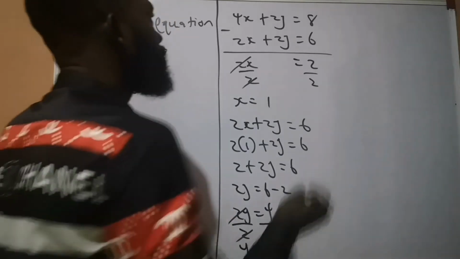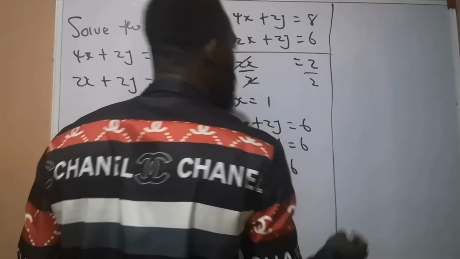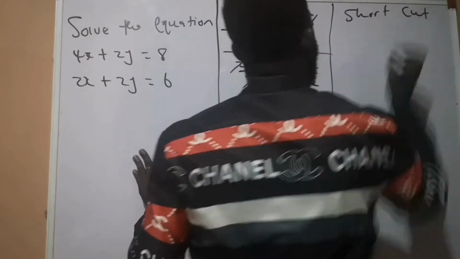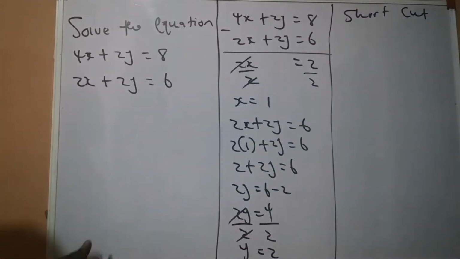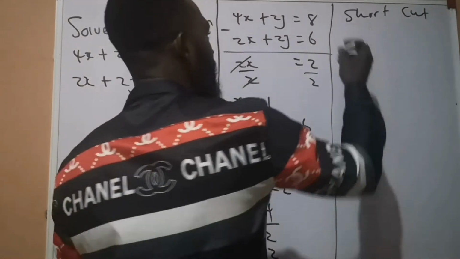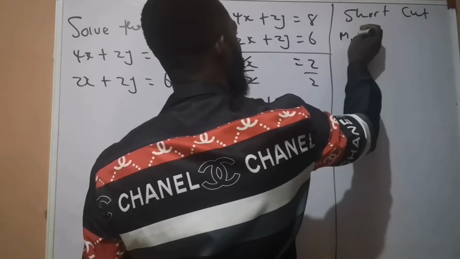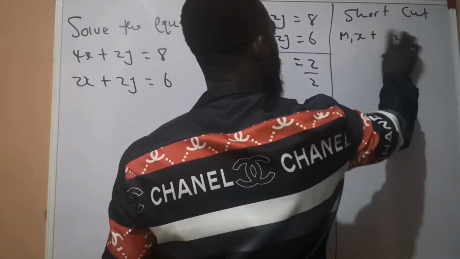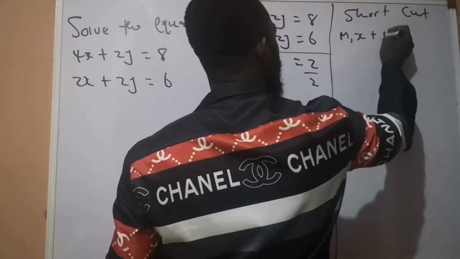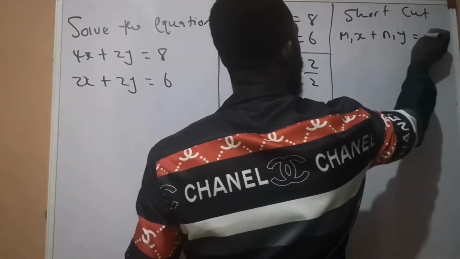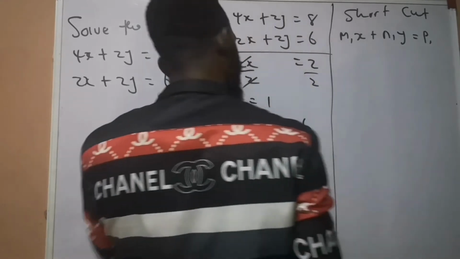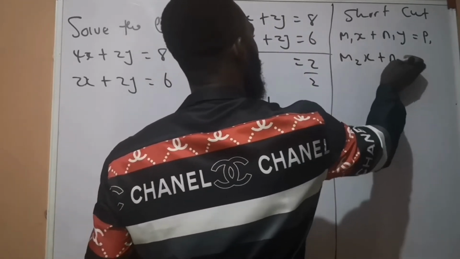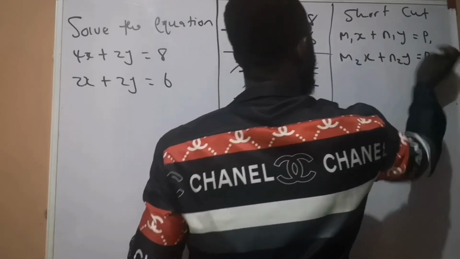Now let us apply the shortcut method. How do we apply the shortcuts? For example, let us assume we have something like this: m1x plus n1y equal to p1, and then we have m2x plus n2y equal to p2.